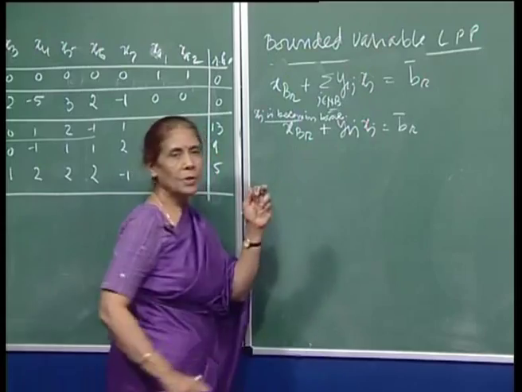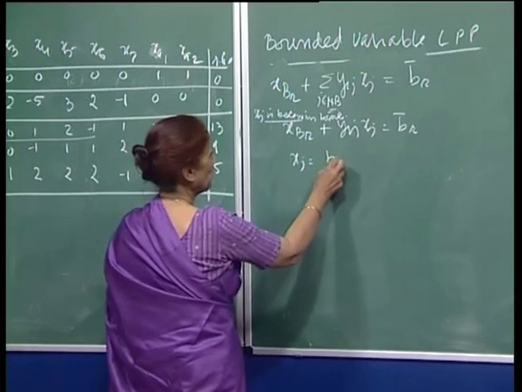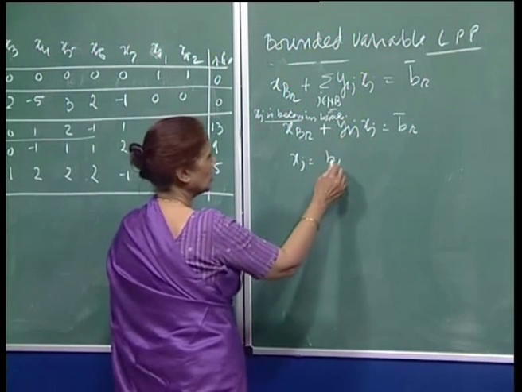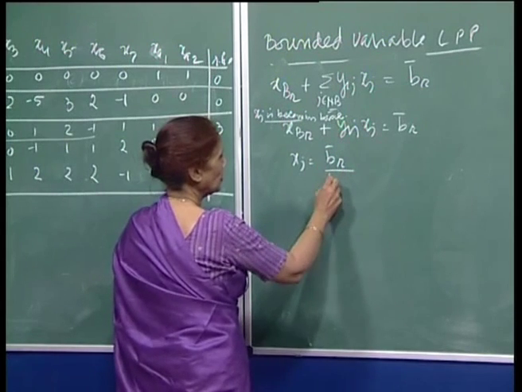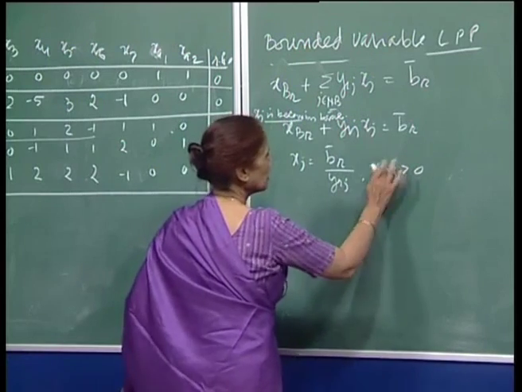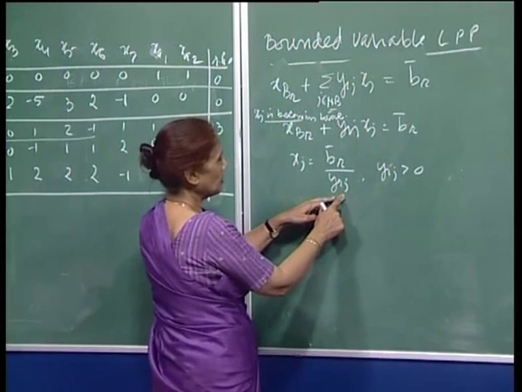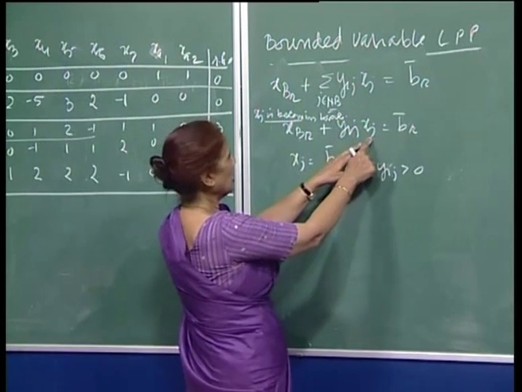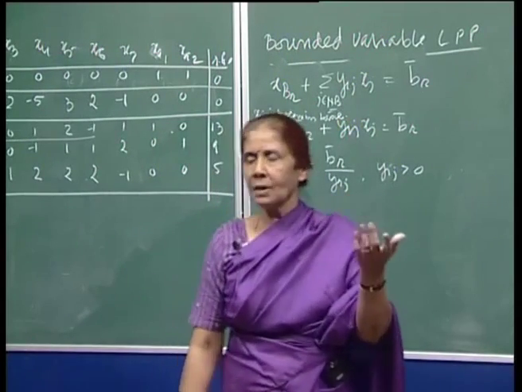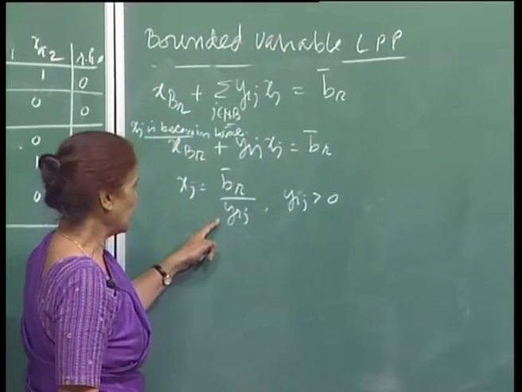We are considering how much xj can become, and we said that xj will be equal to br bar upon yrj, where yrj is positive, remember, because xbr will become 0. So, xbr becomes a non-basic variable and xj becomes a basic variable, and it enters the basis at this level, right.